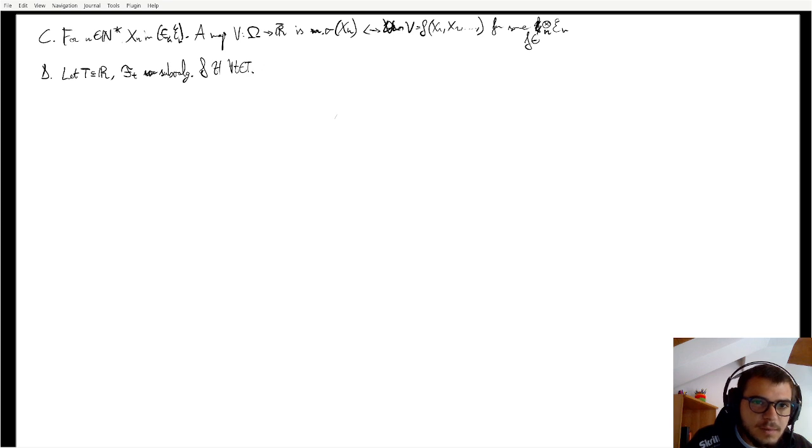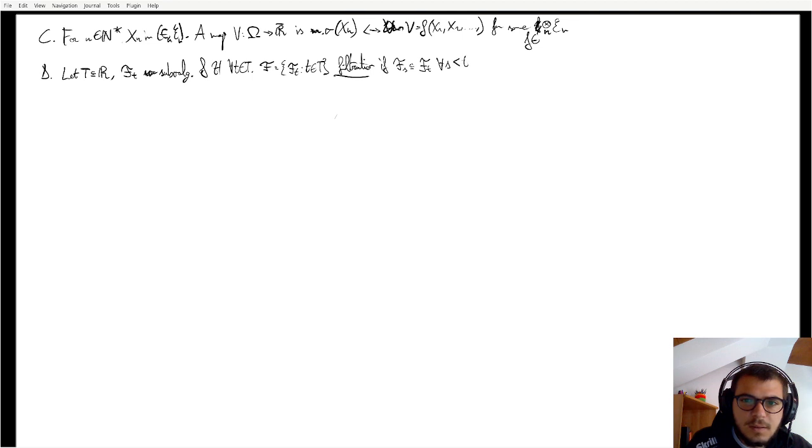We say that the collection F of all these sigma algebras is called a filtration if Fs is contained in Ft for any s less than t.